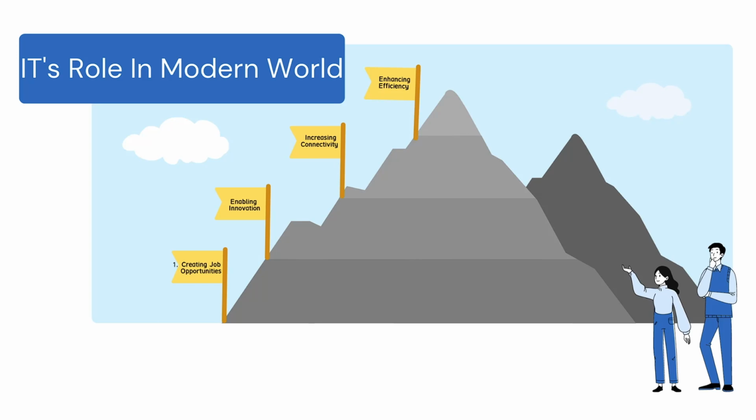Okay, let's understand. Automation, which enabled organizations to automate process and reduce the need of manual labor. Second is collaboration. IT has enabled people to collaborate regardless of their location. Also in communication and also in cloud computing.